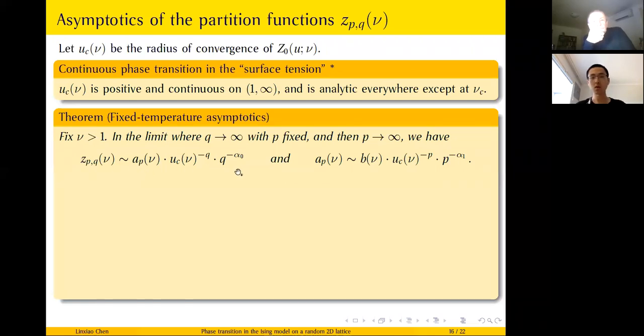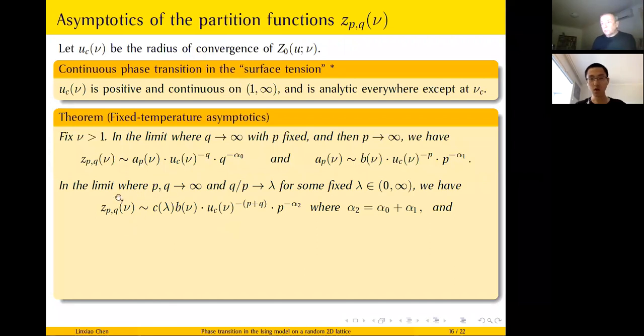So the asymptotic has the form of a constant times an exponential term times a polynomial term. And only the constant depends on the parameter p, and if we look at this constant and let p go to infinity, it also has an asymptotic of a similar form.